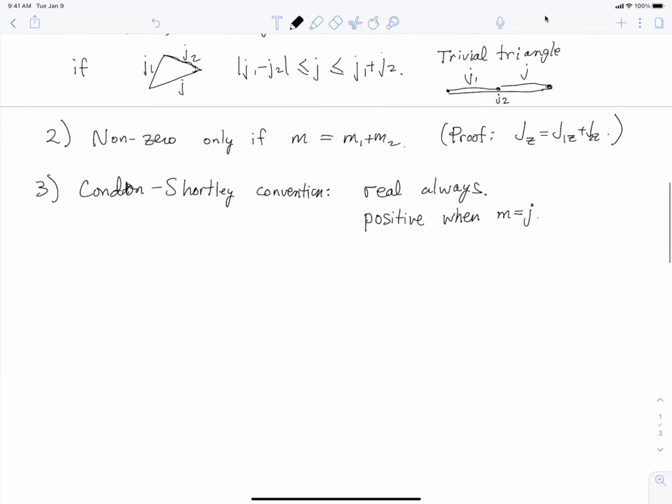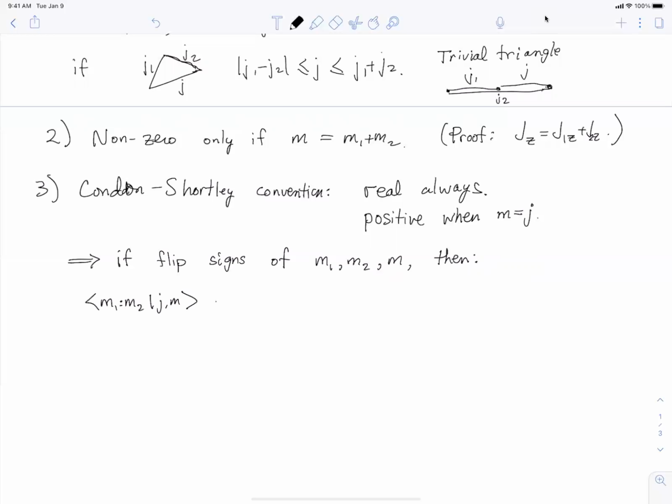So here's a maybe slightly less obvious consequence of that: what happens if you flip the sign of each one of the m's. If you take a Clebsch-Gordan coefficient and you flip the sign of all the m's, you get another non-zero Clebsch-Gordan coefficient. And in fact, here's a formula for it.